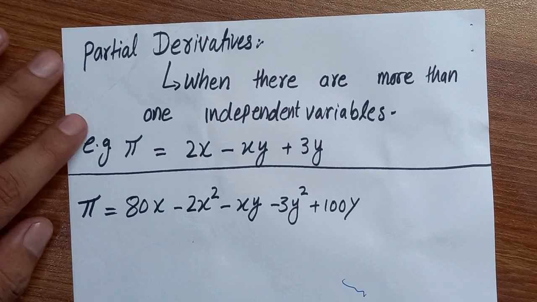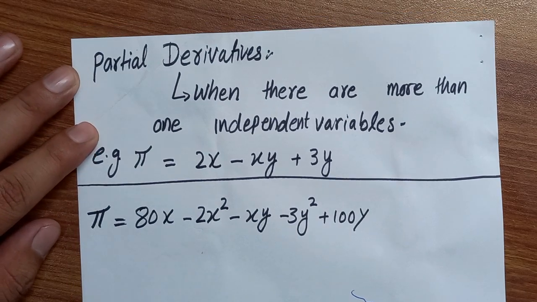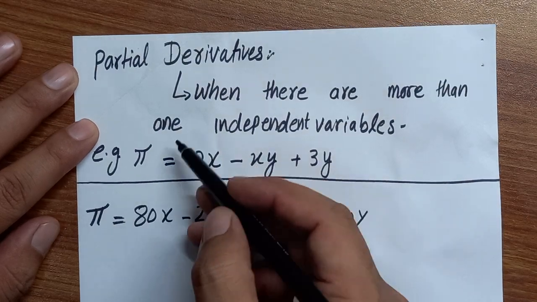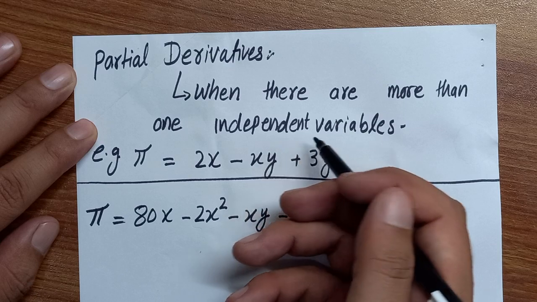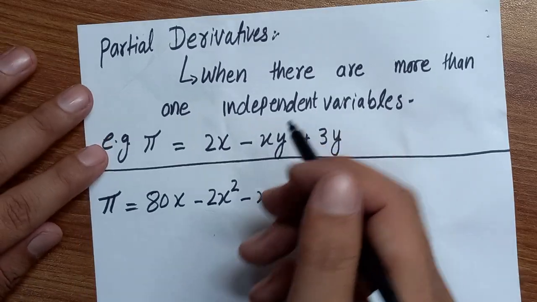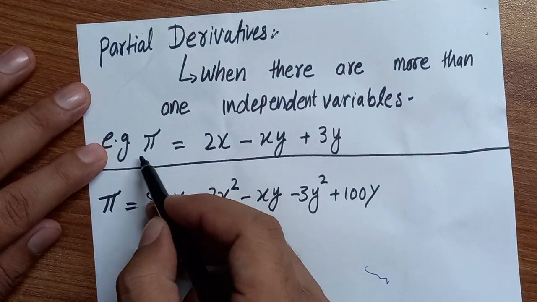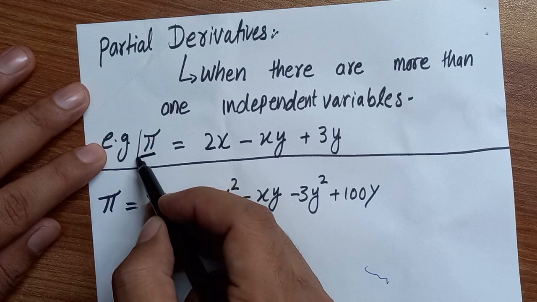Today we will talk about partial derivatives. Before this, we had studied derivatives in which we have one dependent variable and one independent variable. But in partial derivatives, we have more than one independent variable. For example, this is the dependent variable, profit.